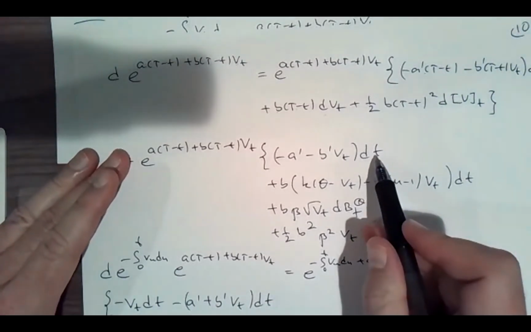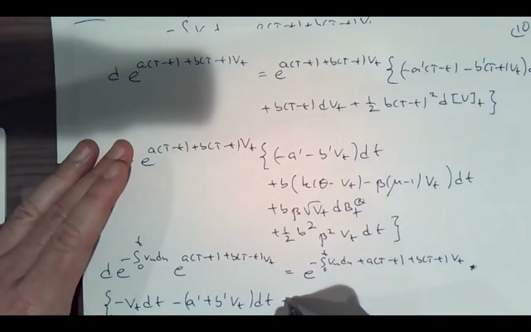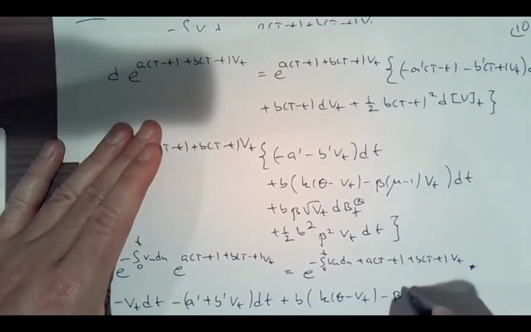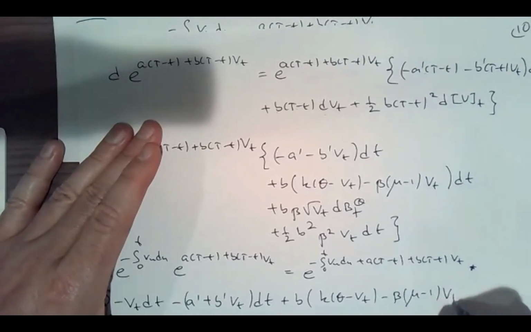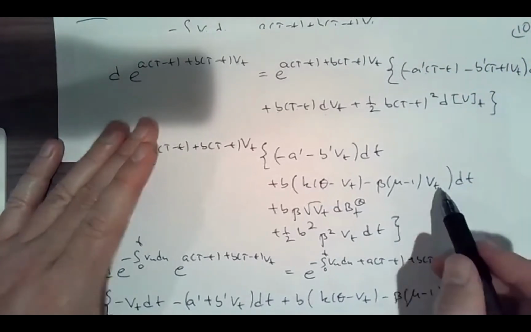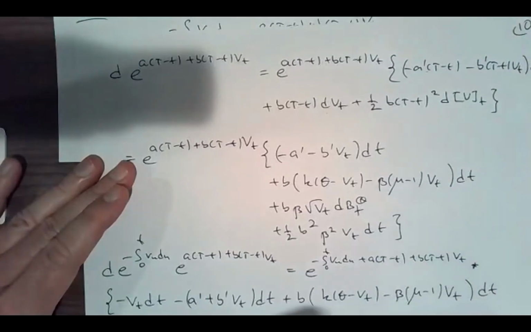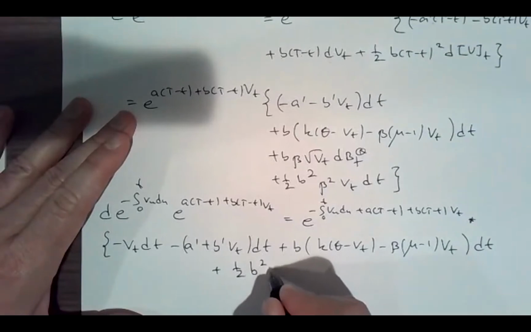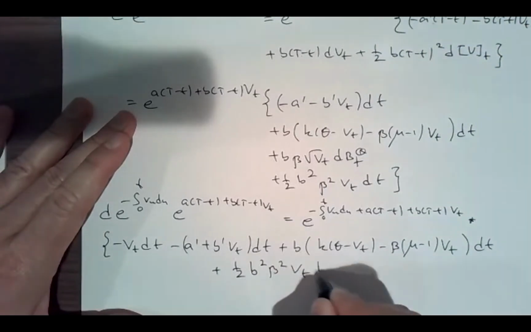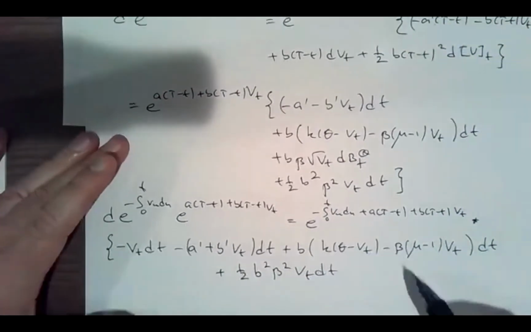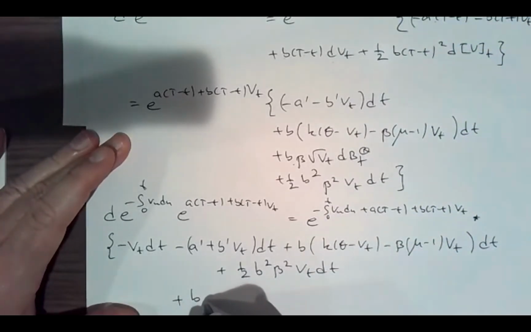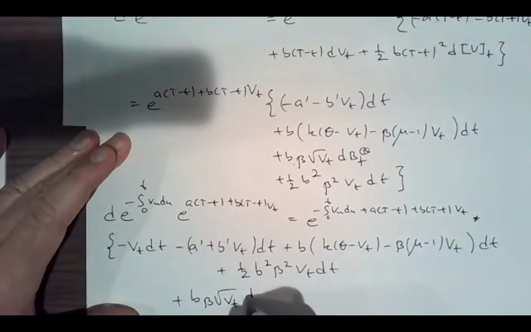That was that guy. Try to collect the dt terms. This is plus b kappa theta minus v minus beta mu minus 1 v. This was all dt. And then there was one more dt down there: 1/2 b squared beta squared v_t. That's a lot of mess. And then we have the volatilities up there, plus b beta root v_t dW_t^Q.